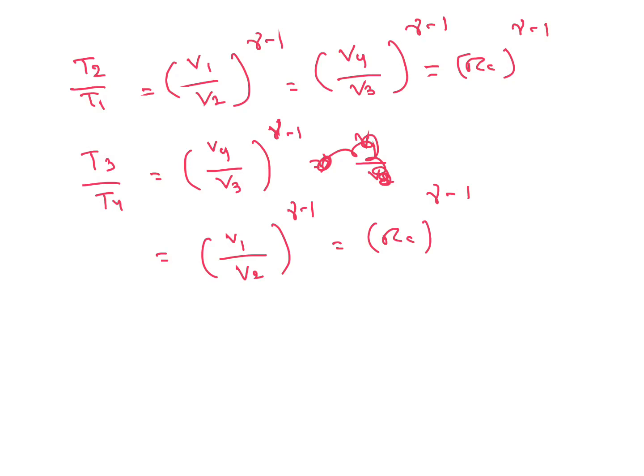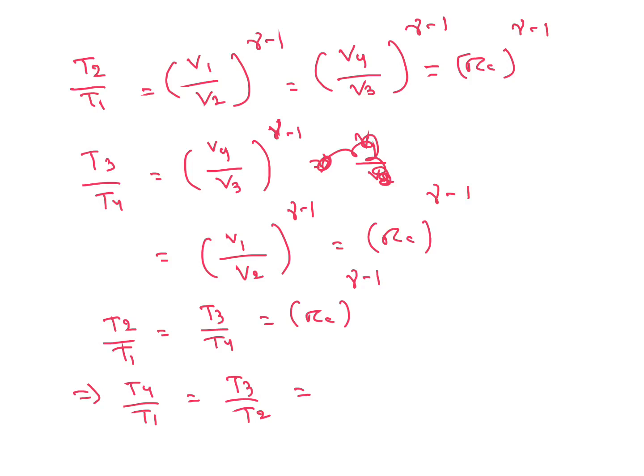So finally T2 by T1 equal to T3 by T4 equal to RC to the power gamma minus 1, or T4 by T1 equal to T3 by T2.